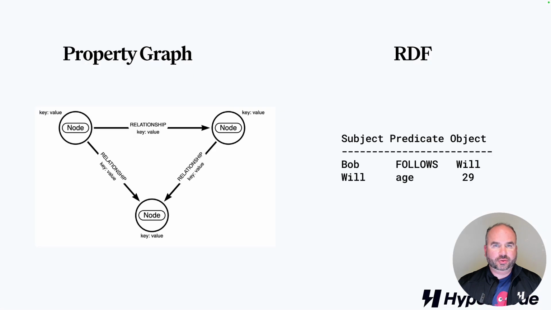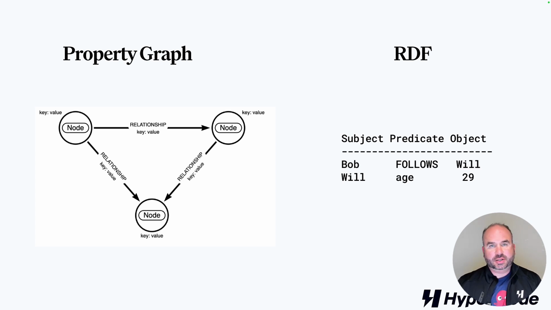If we take a look at these two paradigms, the property graph model, where nodes, node labels, relationship types, and key value pair properties are the core fundamentals of the data model, and compare that with RDF, which is all about triples, subject, predicate, object, which we can think of as a sentence.